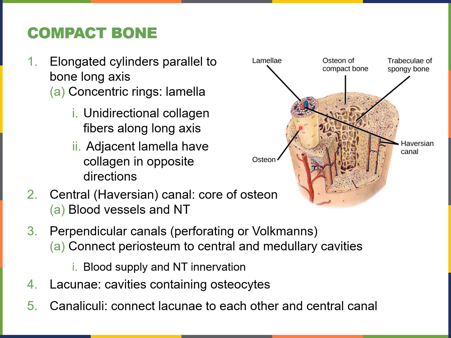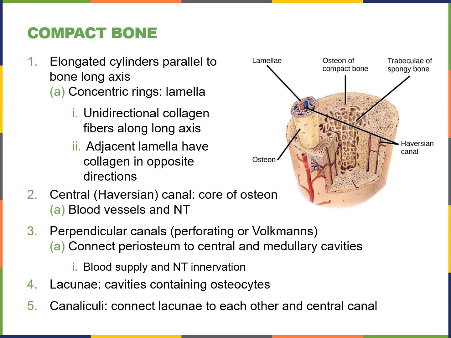And this central Haversian canal, which we can see going through here, is the core of the osteon. So it has the blood vessels and the nerve tissue. Then perpendicular canals, which we also refer to as perforating or Volkmann's canals, connect the periosteum to the central and medullary cavities.